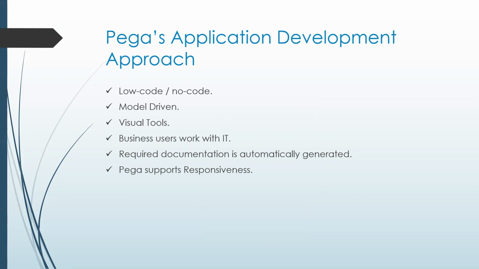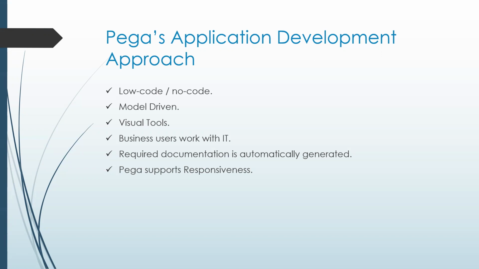If your requirement is within the features, then it's a no code approach. I don't need to write any set of code here. But if your requirement is a bit beyond what the platform has provided, then I can go ahead and write my own set of code. So it becomes a low code approach. So it depends whether it is no code or low code.